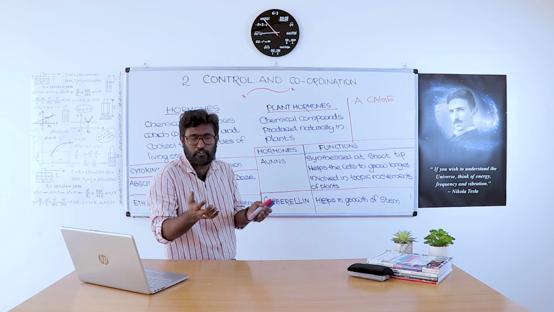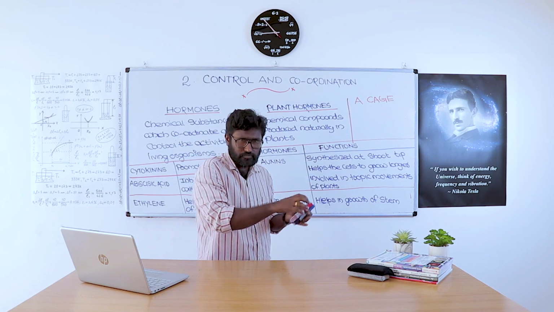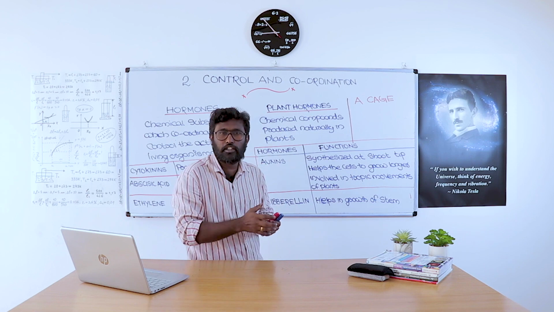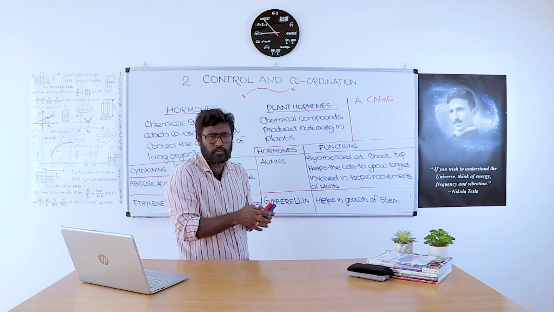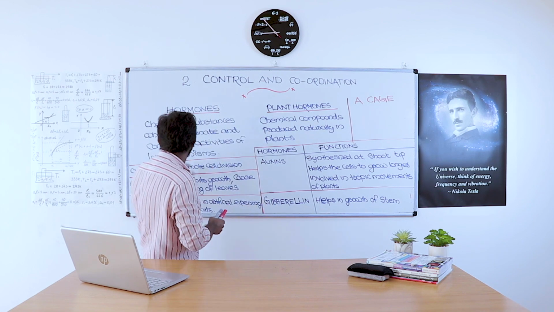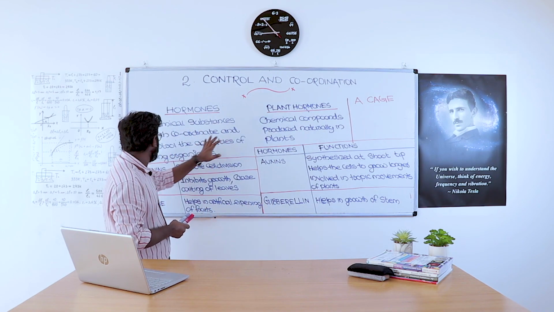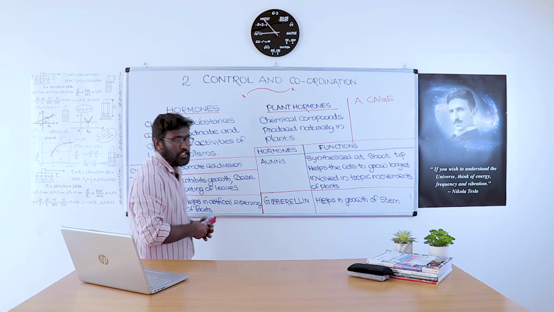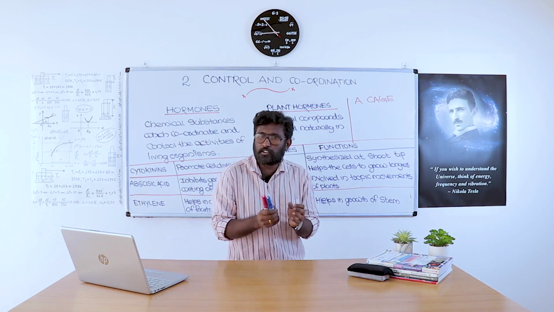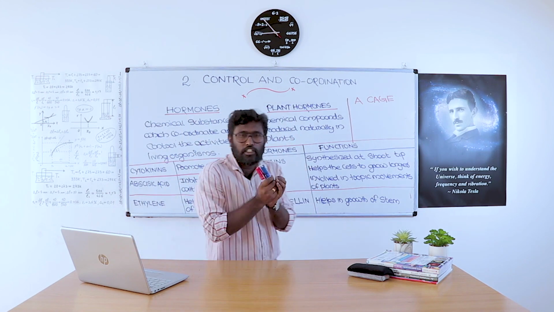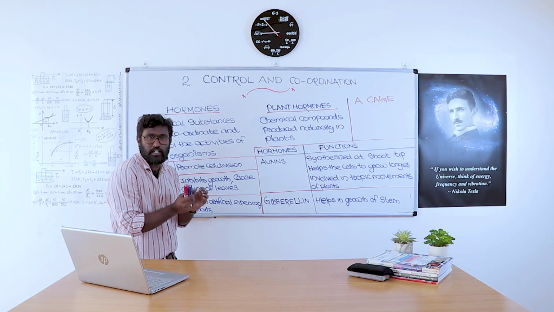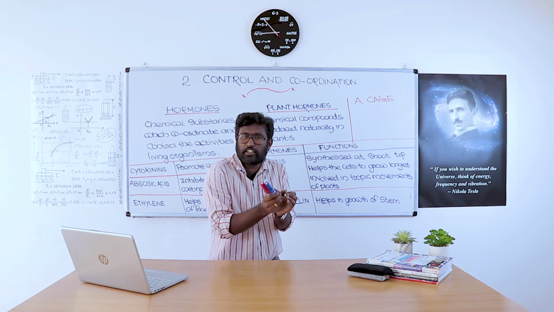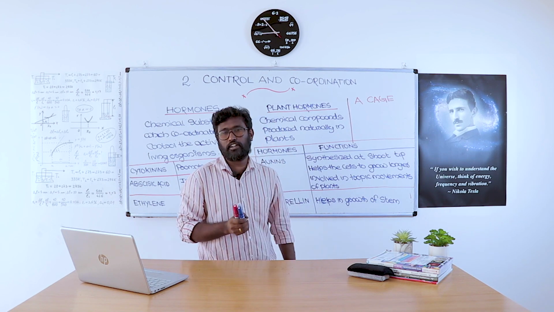There will be hormonal deficiency, and there will be some diseases related to hormonal deficiency. This is a familiar term, hormones. What is meant by a hormone? The chemical substances which coordinate and control the activities of living organisms.